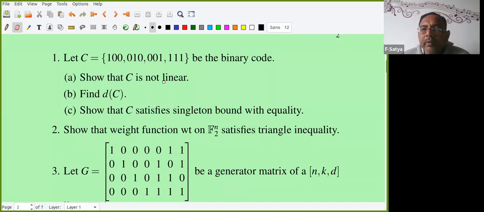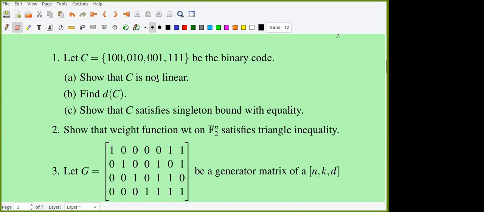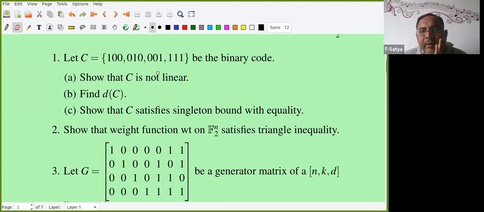Mehak, what happened? You know, right? Linear code means... So it is some subset of F^n. Not just a subset, no. Subset, that is the definition of a code. But what does a linear code mean? Linear code means a subspace.